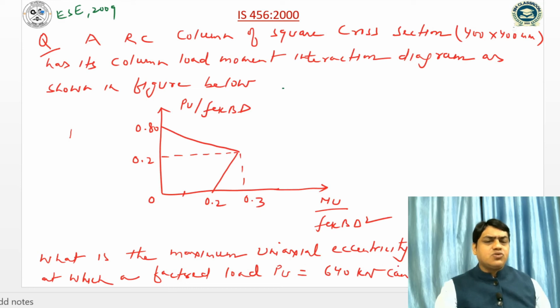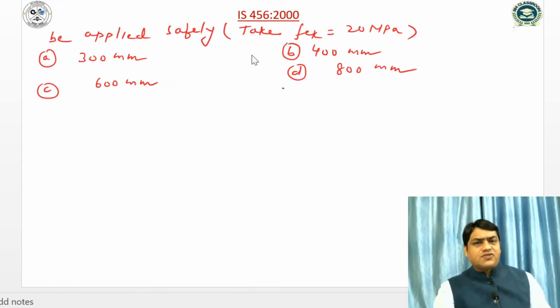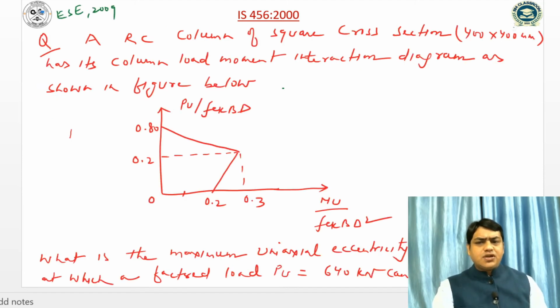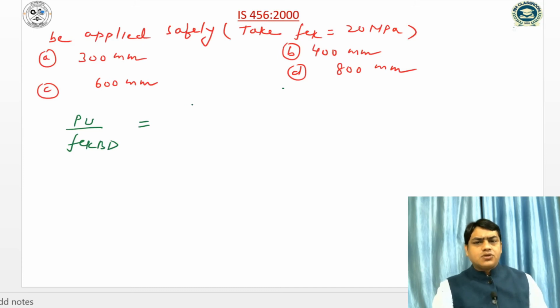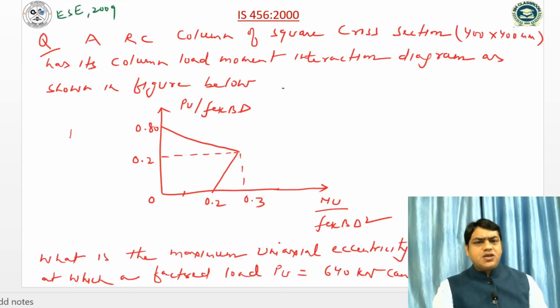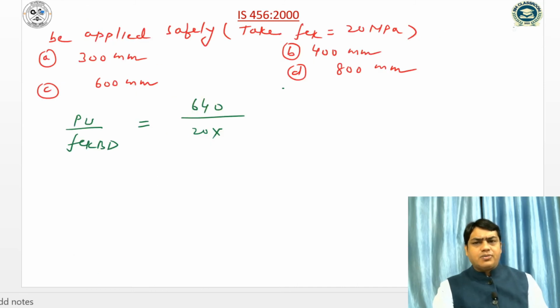What is the maximum uniaxial eccentricity at which a factored load PU of 640 kilonewton can be applied safely? Take FCK as 20 megapascal. So PU by FCK BD: PU is given, that is 640 kilonewton, divided by FCK, which is 20, into B times D, where B and D are 400 mm by 400 mm.